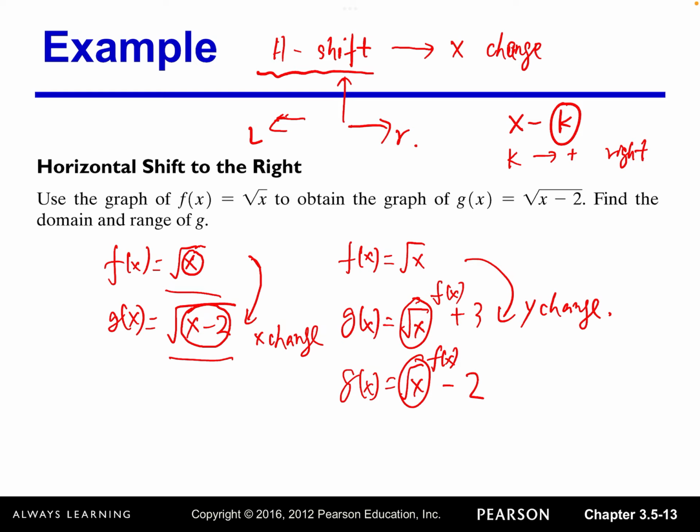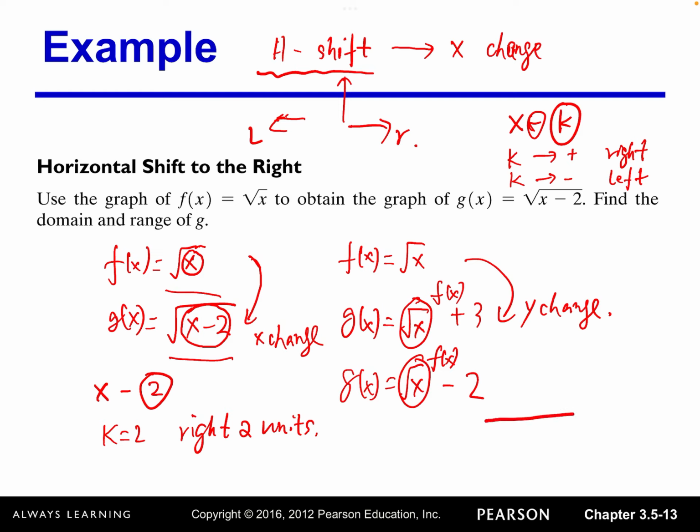If k is a negative number, it shifts to the left. But be careful, in front of k is a minus sign. So in this case, x minus 2, k equals 2 is a positive number, so it shifts to the right-hand side 2 units.